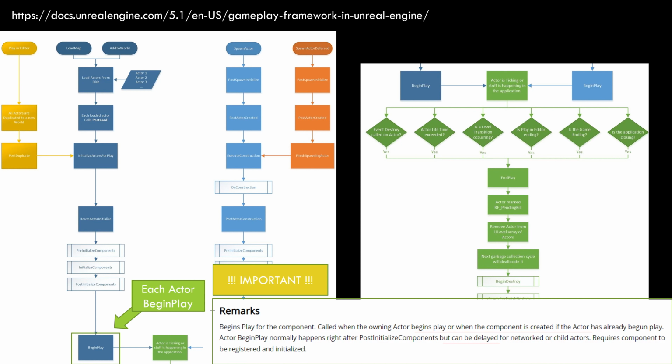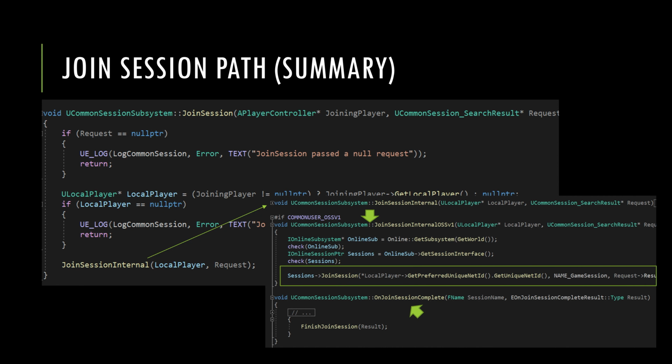I guess the last thing to talk about is, what happens differently if I'm joining a match as opposed to hosting a match? All of this flow so far has been about hosting the match. We'll do an abbreviated path through the join session.